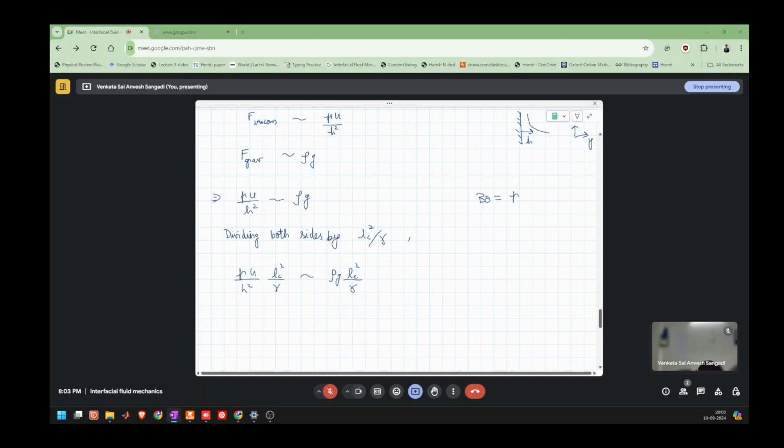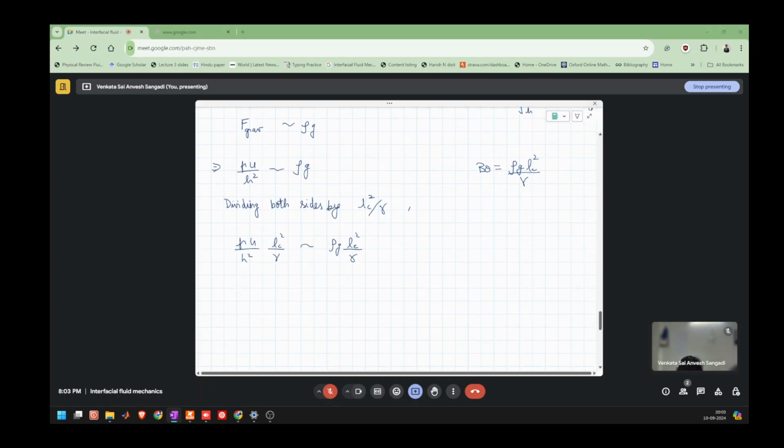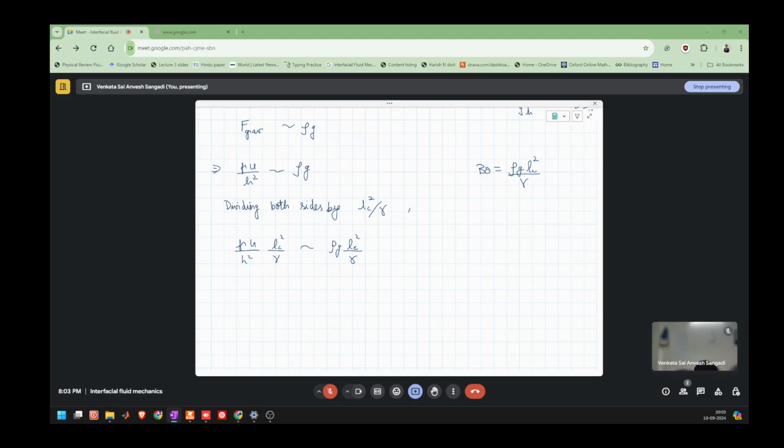We know the capillary number is mu u by gamma. Oh, sorry, I said bond number earlier; bond number is rho g LC square by gamma.